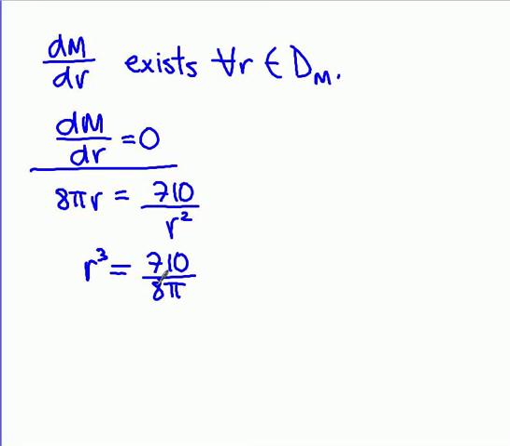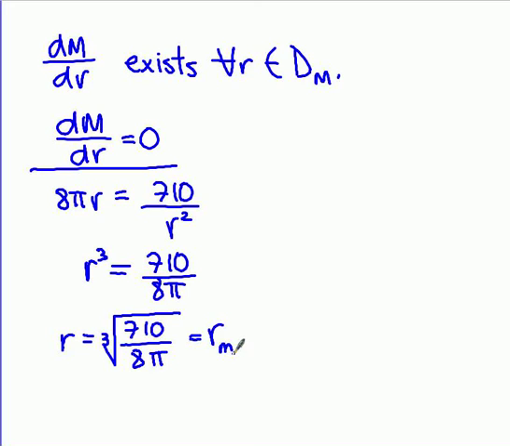And I'm left, therefore, with r equaling the cube root of 710 over 8 pi. I'm not really sure what that is. And again, I'm assuming I don't have a calculator, so I'm going to call that r_m, as in the radius that will minimize the cost of the can.